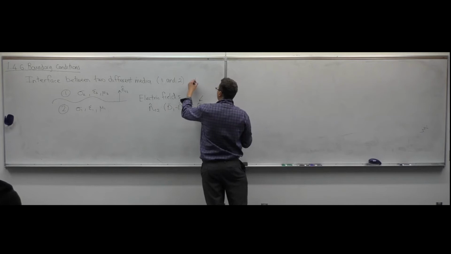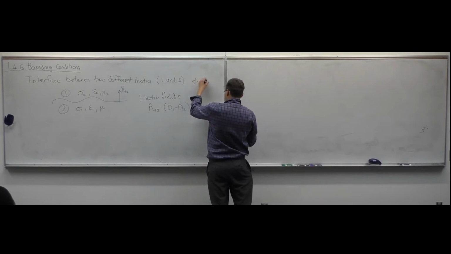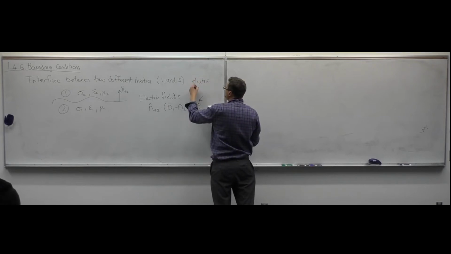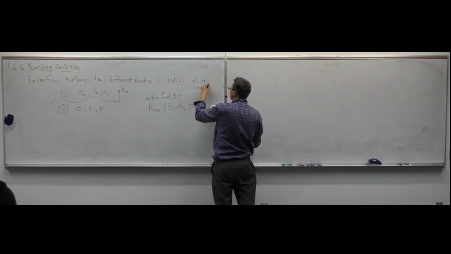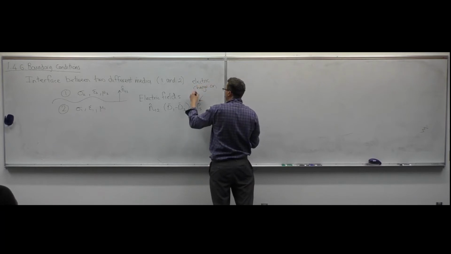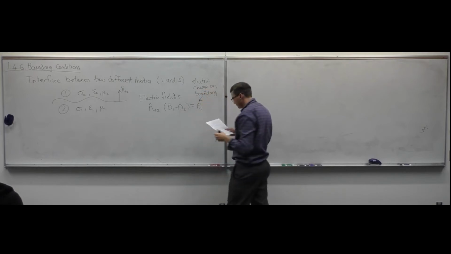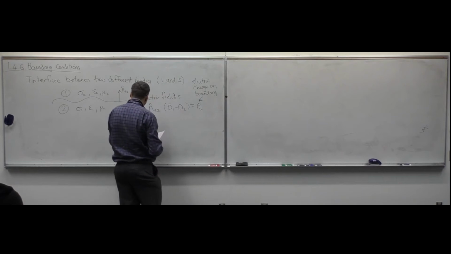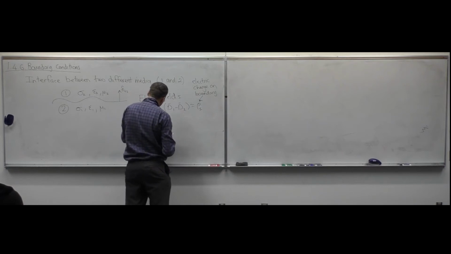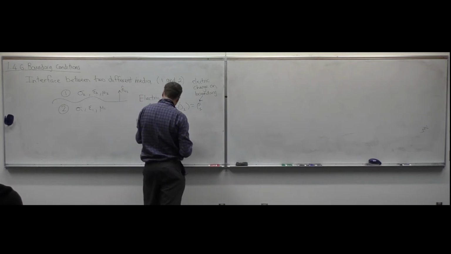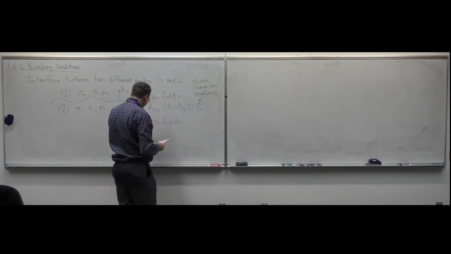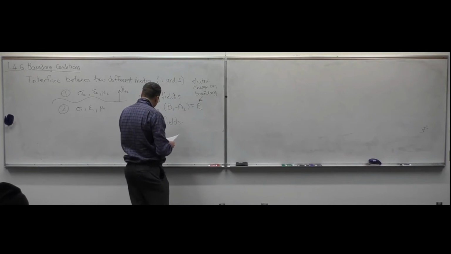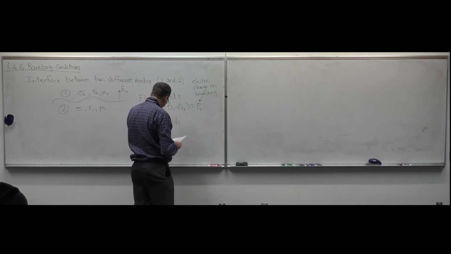So this is the electric charge on the boundary, and then the magnetic field has to satisfy the same sort of normal condition.